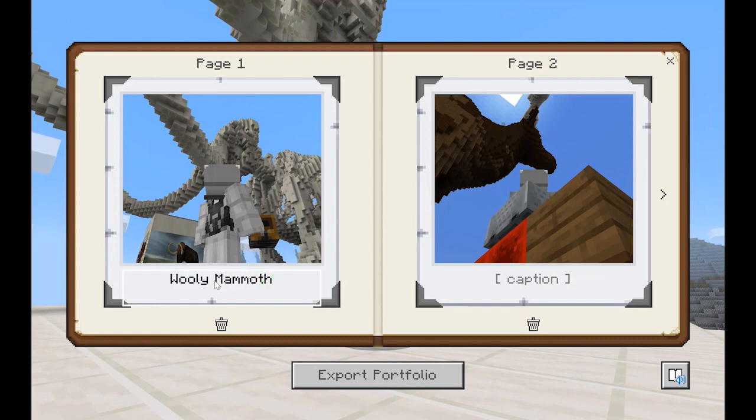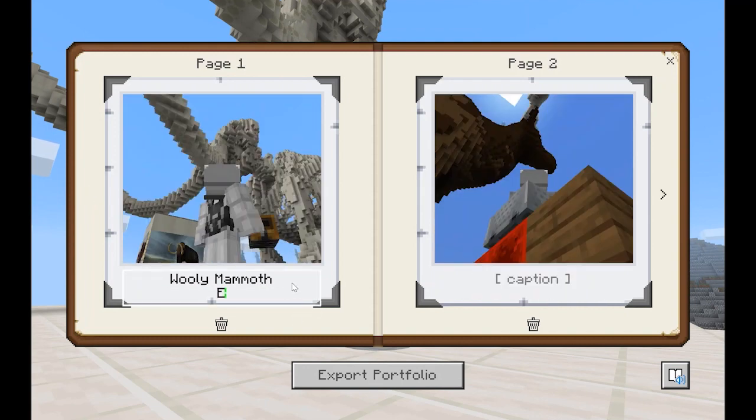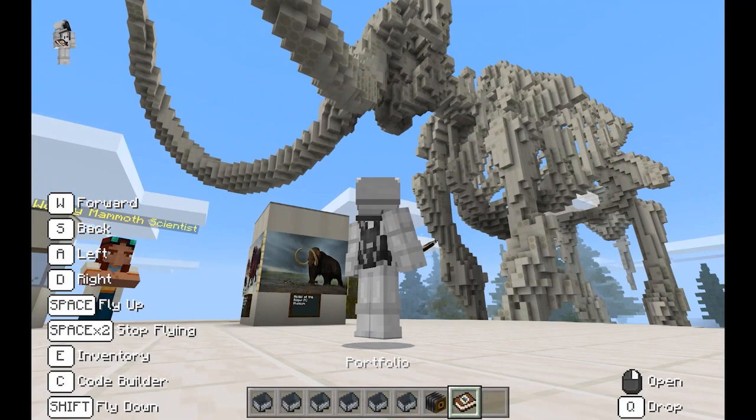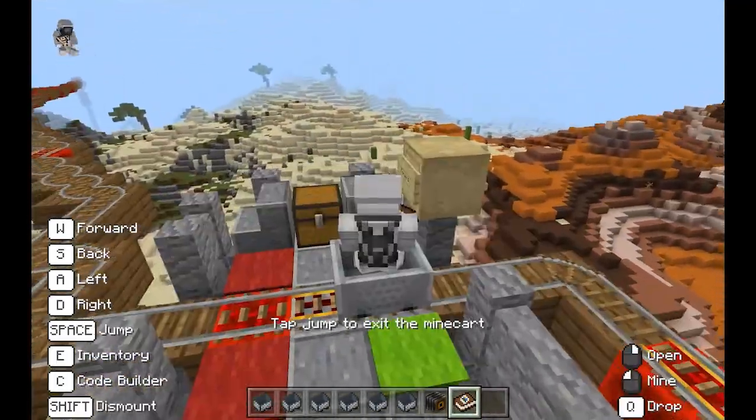Make sure we capitalize those proper nouns. Uh-oh, where did our Irish elk caption go? Oh yeah, I took another picture, didn't I? Woolly mammoth, and it went extinct. Here's another one that went extinct because of hunting by humans and their ecosystem changing. Alright, let's hop back on and see what's up next.